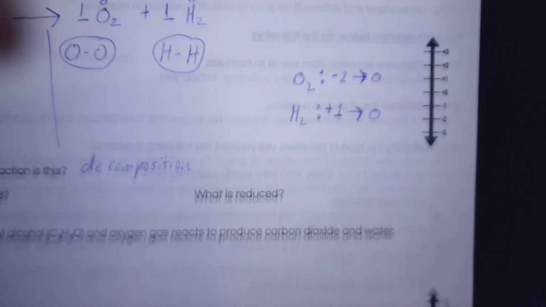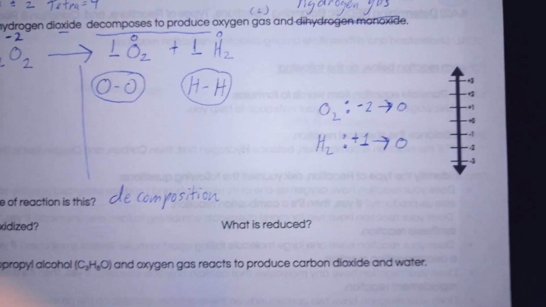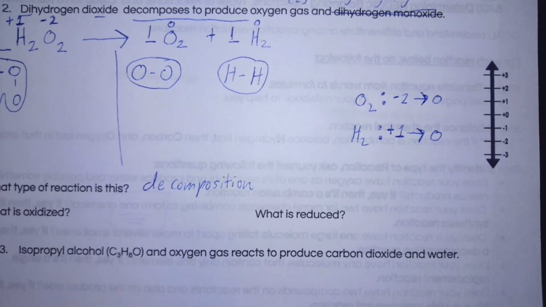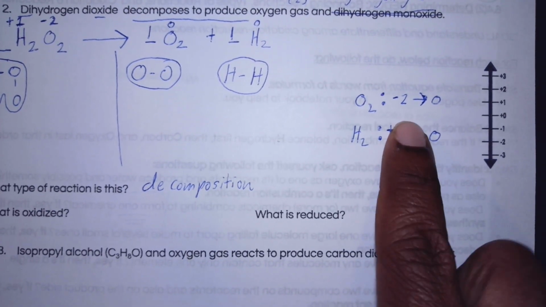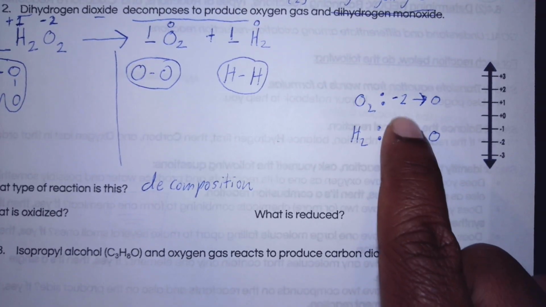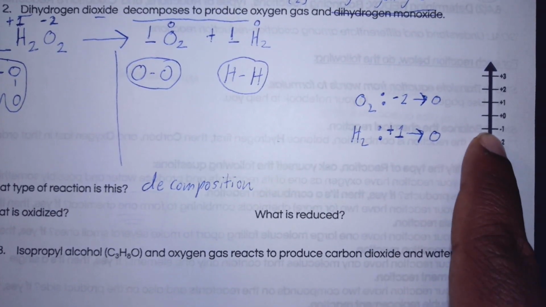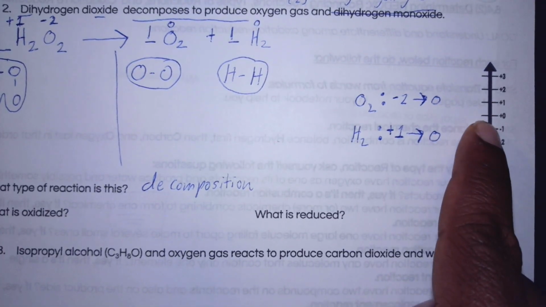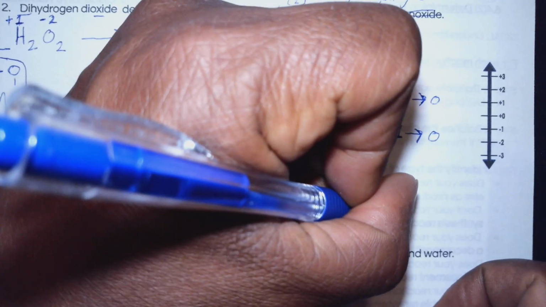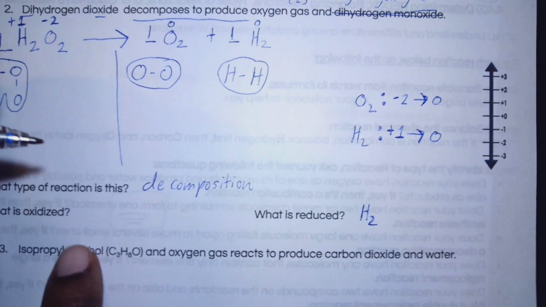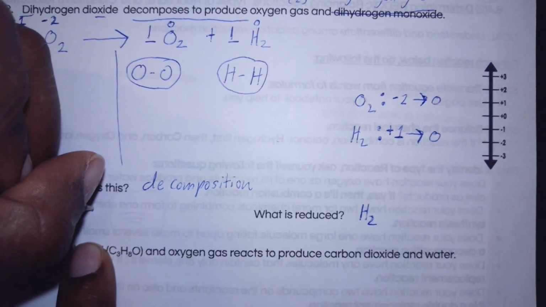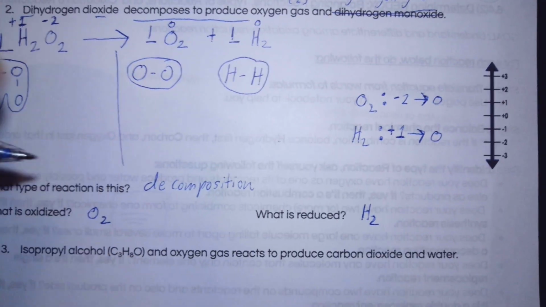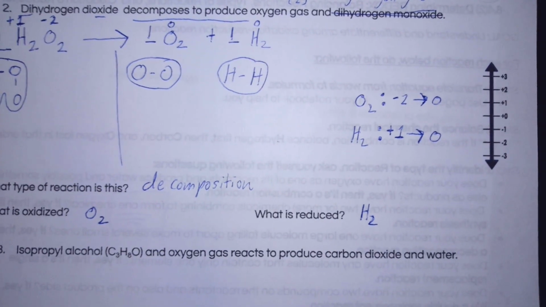Okay, so basically, looking at this, which one was reduced? If you go from -2 to 0, you're actually going up. But if you go from +1 to 0, you're going down. So in this case, the hydrogen gas was reduced. This is the one that actually picked up some extra electrons, and oxygen was oxidized. Okay, and that's the end of that right there for you.